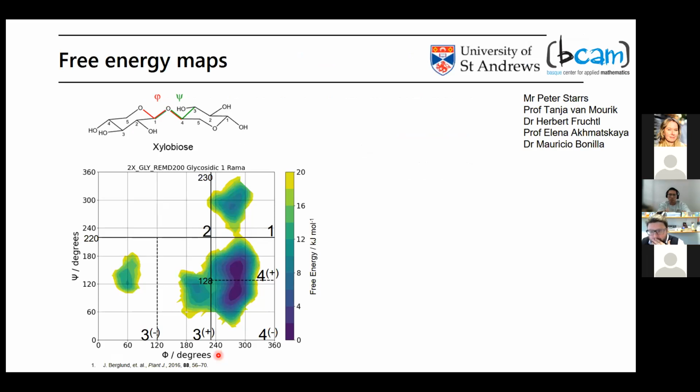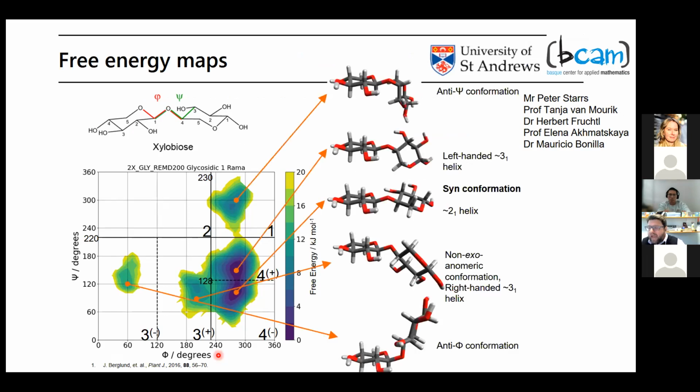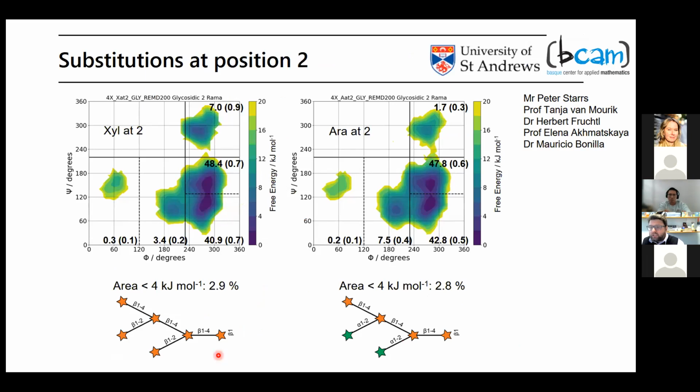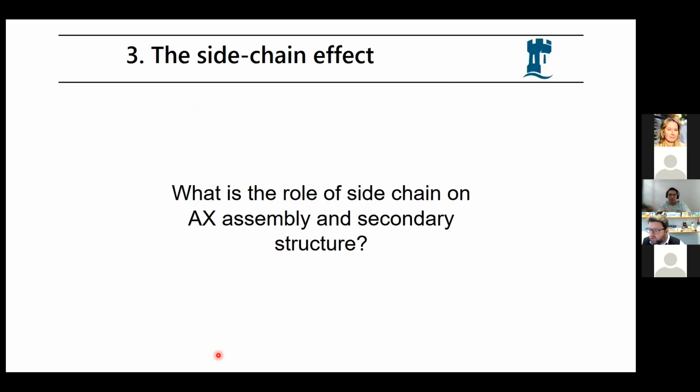And finally, we collaborated with the University of St Andrews and the Basque Center for Applied Mathematics and our PhD student Peter Stars to model these polysaccharides and look at why these changes in the secondary structures are occurring and how the different substitutions are impacting the secondary structure.